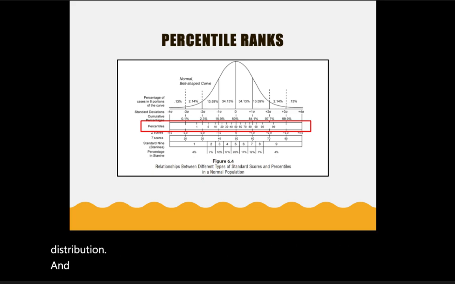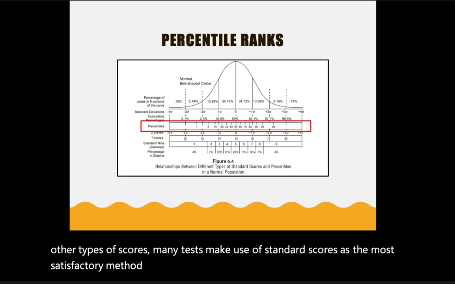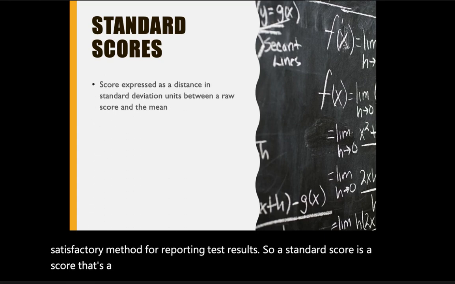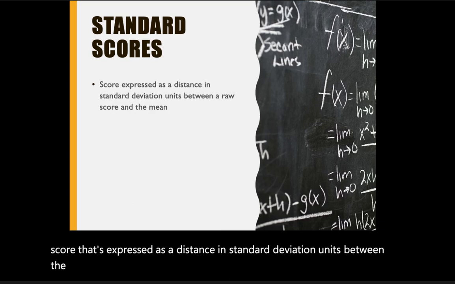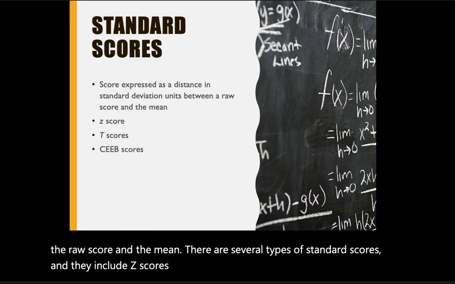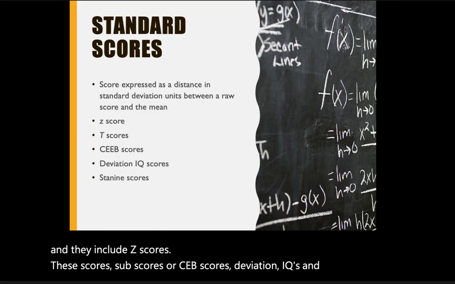Because there are several problems related to using percentiles and other types of scores, many tests make use of standard scores as the most satisfactory method for reporting test results. A standard score is a score that's expressed as a distance in standard deviation units between the raw score and the mean. There are several types of standard scores, and they include Z-scores, T-scores, CEEB scores, deviation IQs, and Stanine scores, just to name a few.